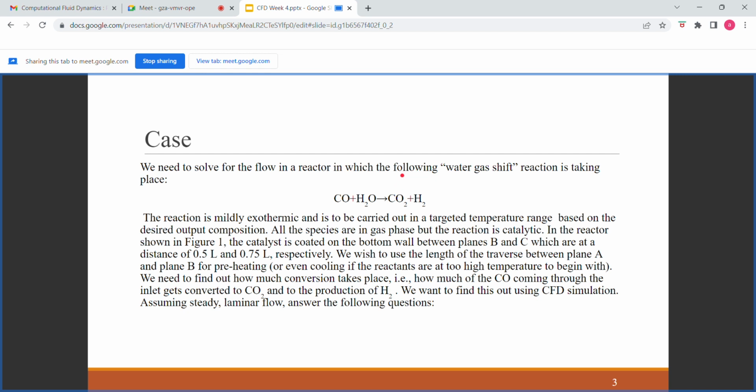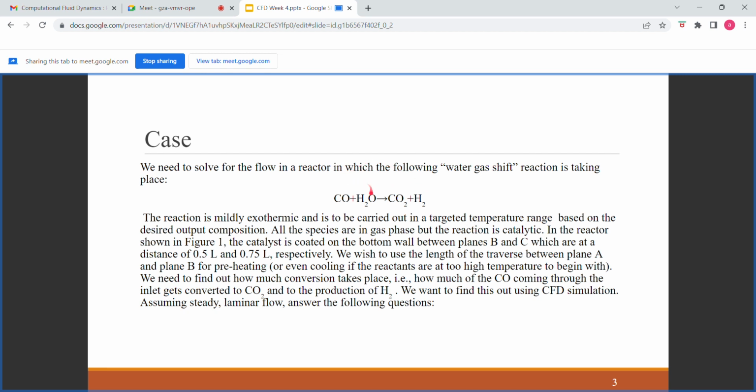The reaction is mildly exothermic and is carried out in the targeted temperature range based on the desired output composition. So we need to identify how much of the carbon monoxide coming through the inlet gets converted to carbon dioxide by using the CFD simulation.